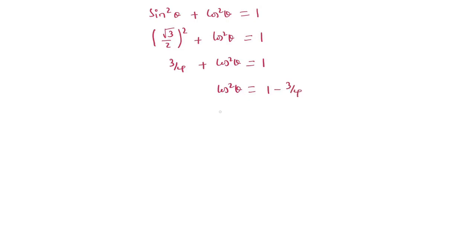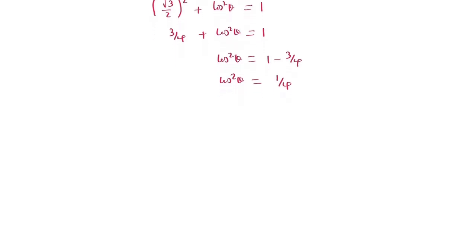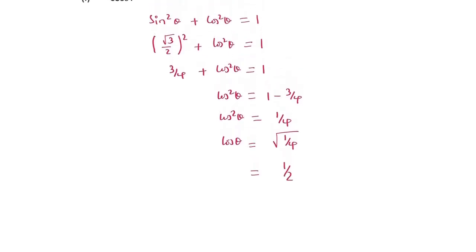Solving this, we are having cos² theta equals 1/4. Okay, so now let us apply the square root both sides. Then we are having cos theta equals √(1/4), of which this becomes 1/2. And this is going to be our answer.